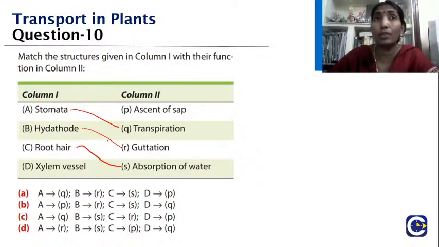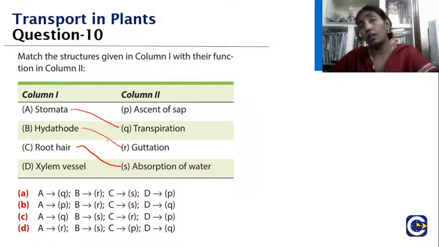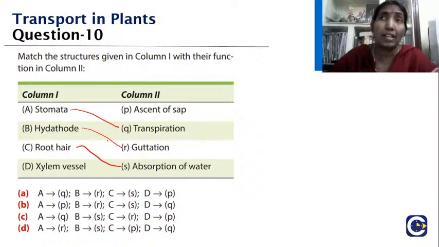Don't confuse it with dew drops. That is different, condensation of water because of the atmosphere. I am talking about the hydathode, that is guttation, where you see the exudation of xylem sap drops, which accumulate sometimes in the night as well as early in the morning. You can observe that.